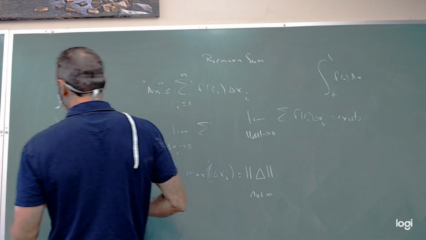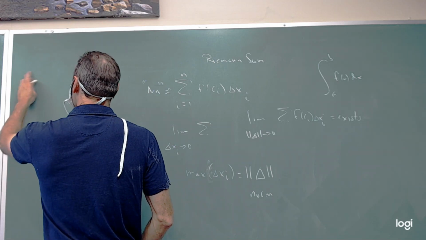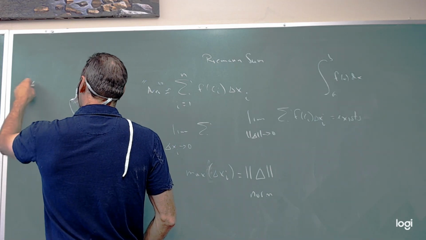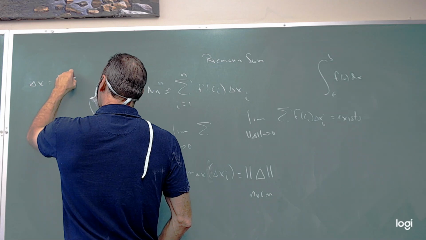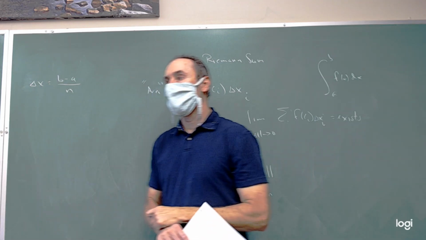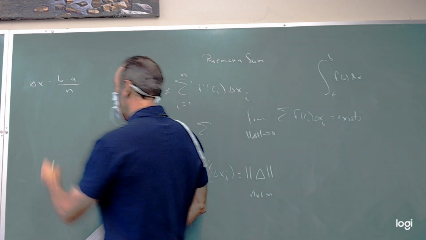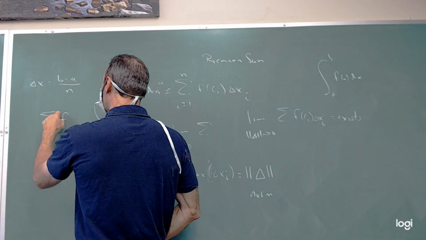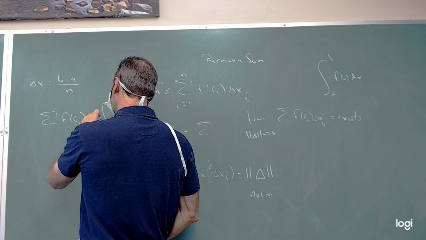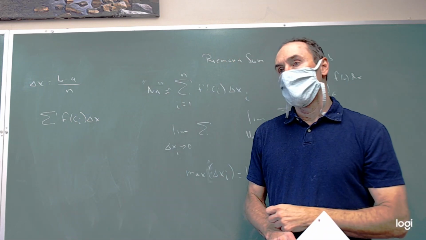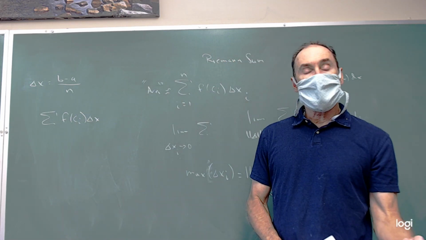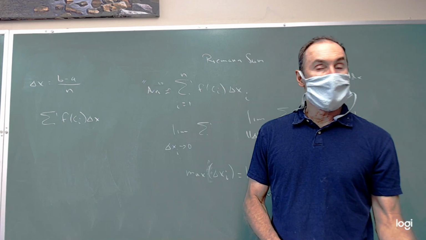But if we're really going to use it, to make our life easier, we'll make the delta x's be uniform in width. Then we still have our Riemann sum, f of c sub i delta x. Now we don't have to call it a delta x sub i anymore, because they're all the same.